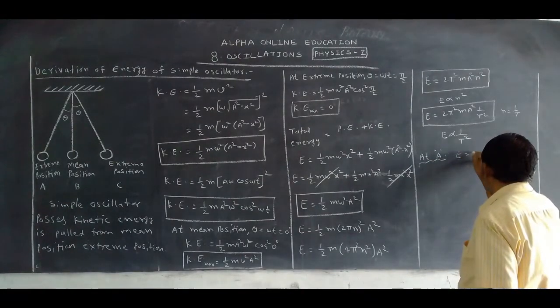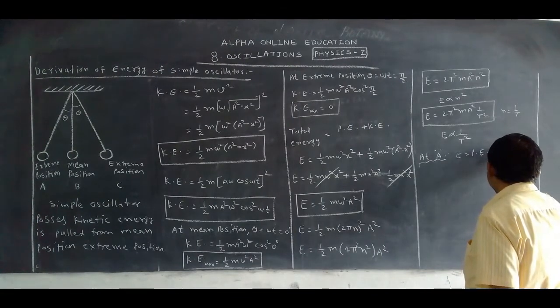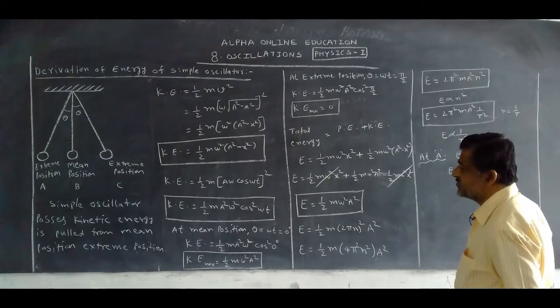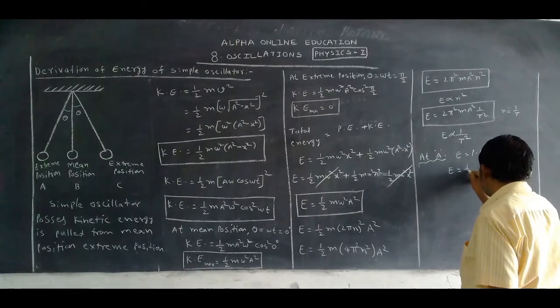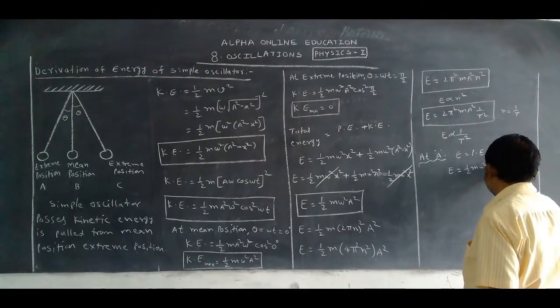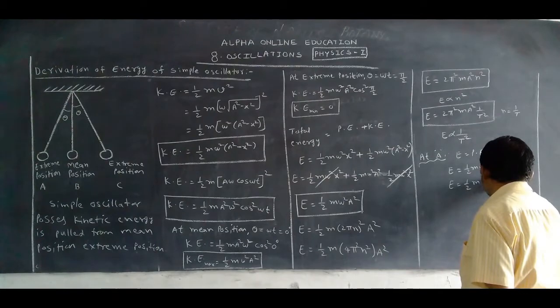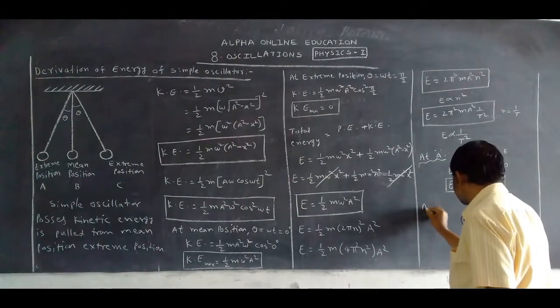E is equal to potential energy plus kinetic energy. Potential energy at extreme point is how much? Half m omega square a square. Kinetic energy is how much? 0. E is equal to half m omega square a square.